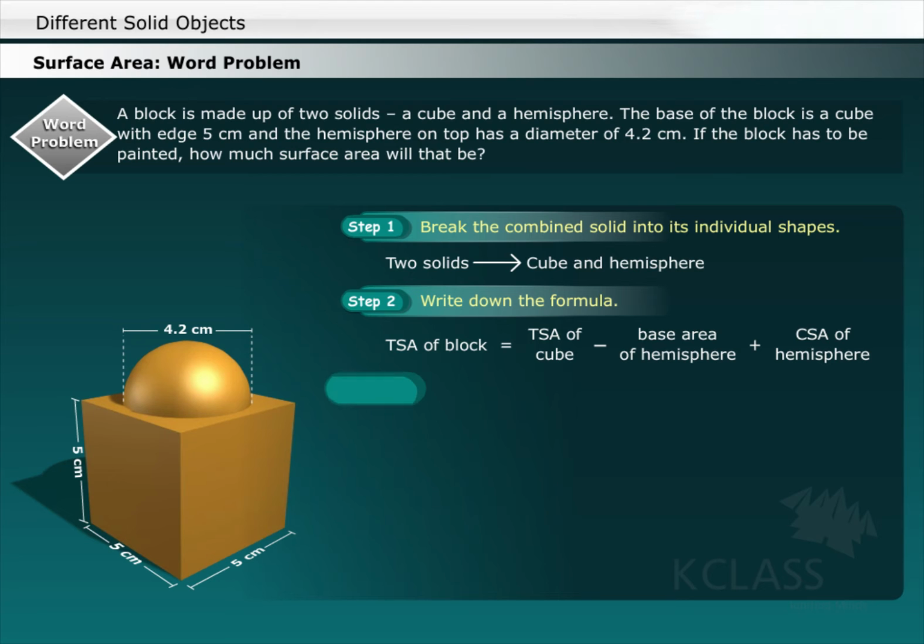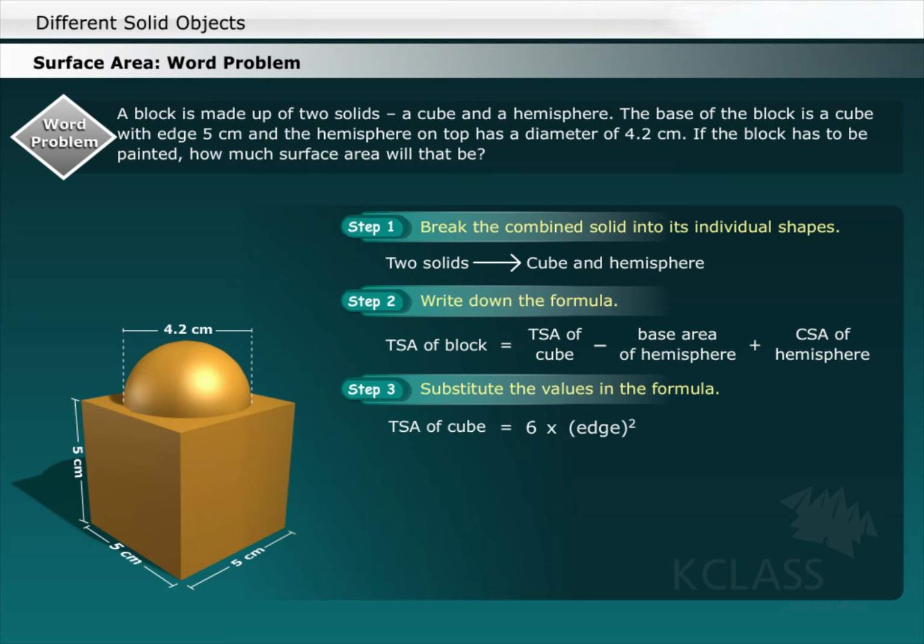Next, find the total surface area of the cube. Substitute the values in the formula. Now, find out the surface area of the block.